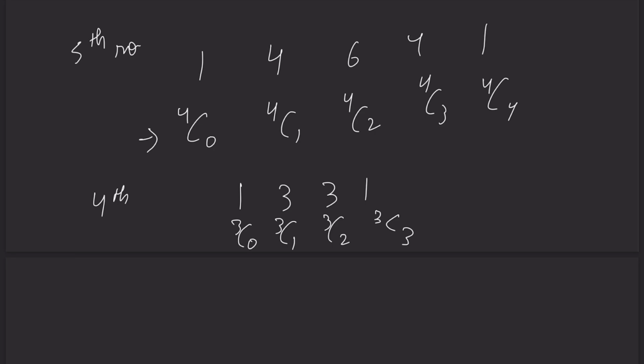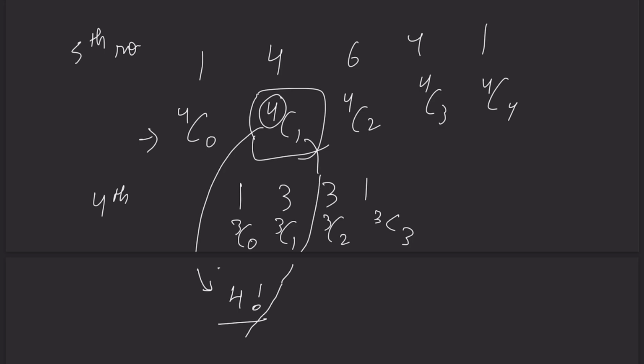Now, this is a mathematical concept of how 4C1 is calculated. It is calculated as 4 factorial upon 1 factorial, and then n minus r, 4 minus 1 factorial.